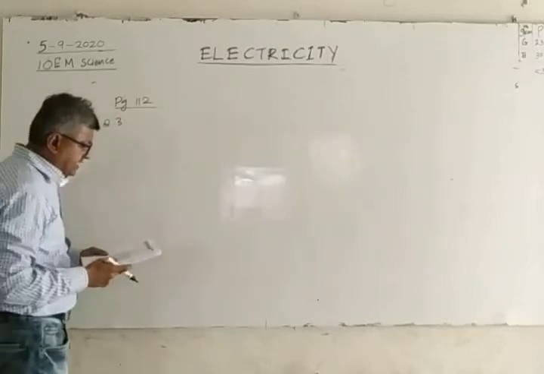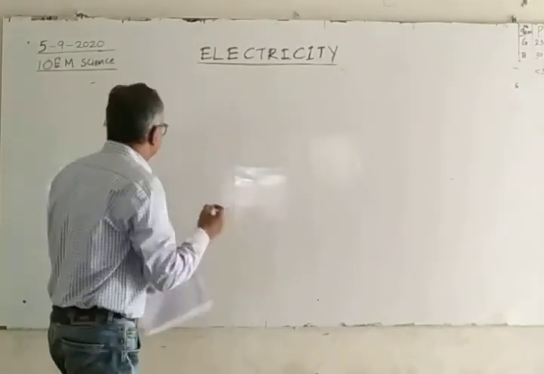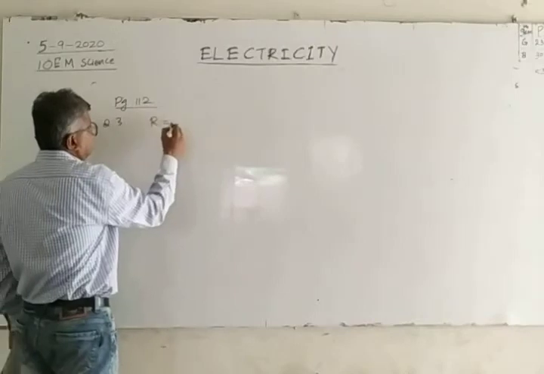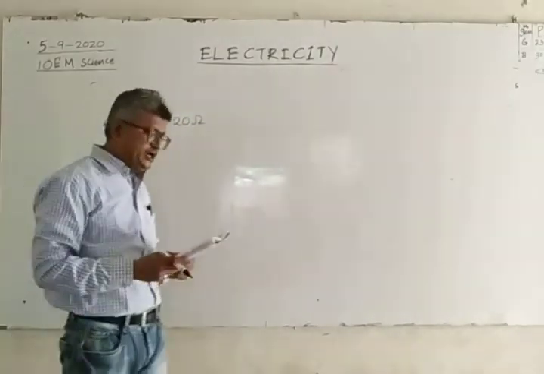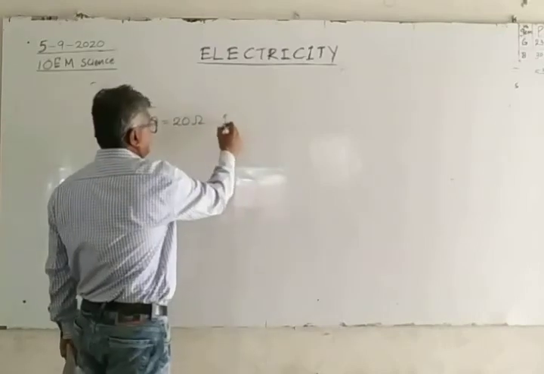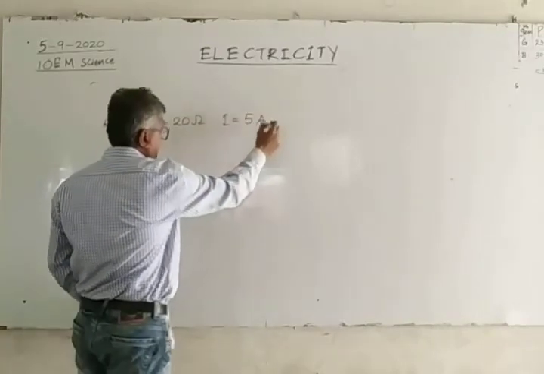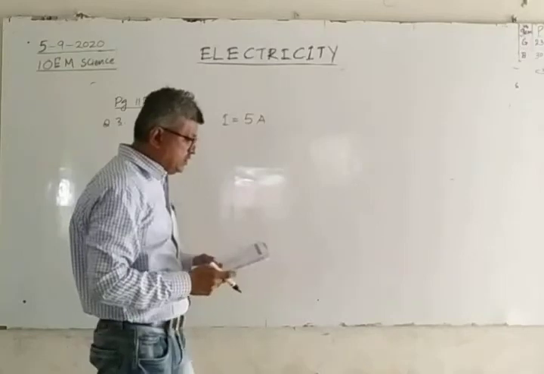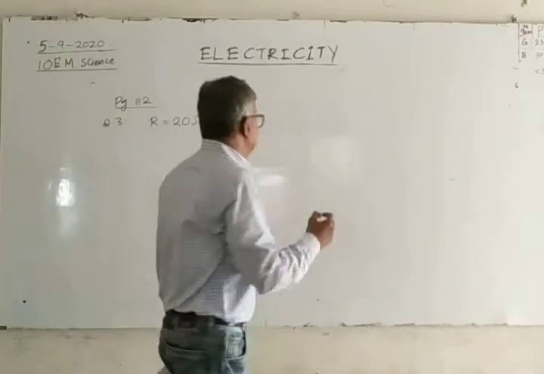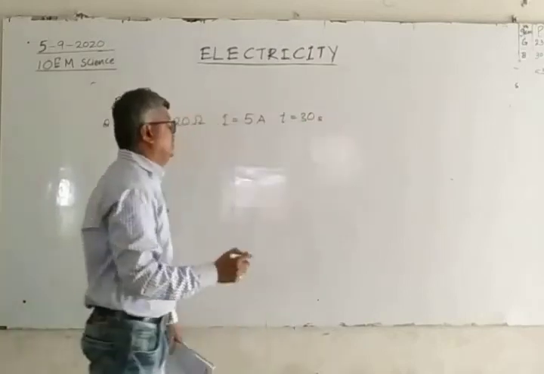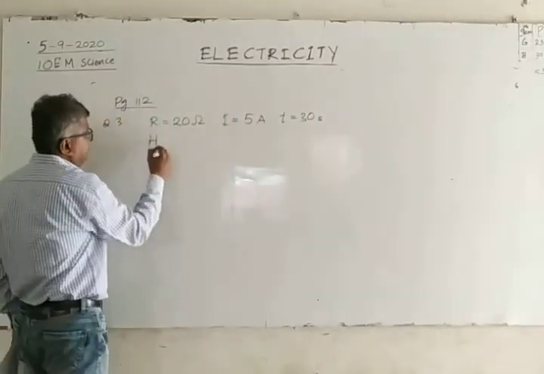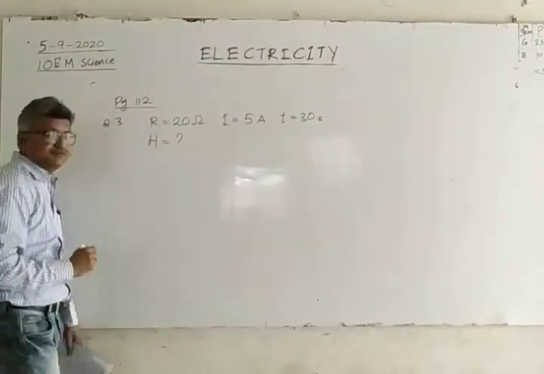An electric iron of resistance 20 ohm takes a current of 5 ampere. Calculate heat developed in 30 seconds. So it is used for 30 seconds. So you have to calculate how much heat energy is produced.